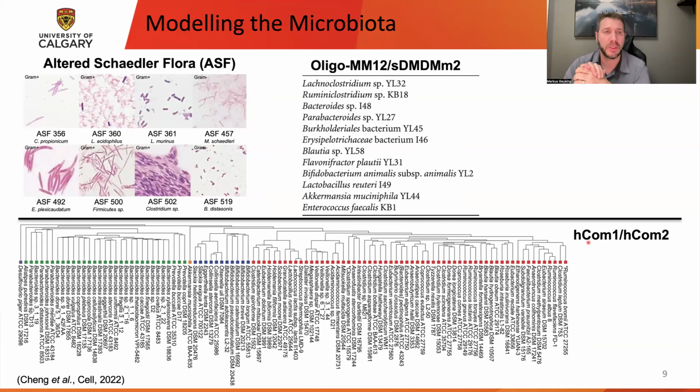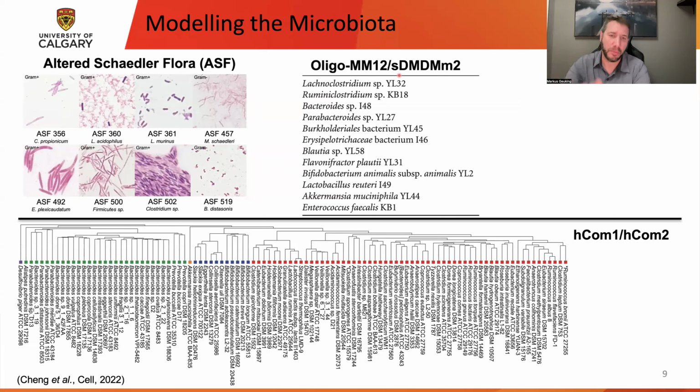When I started working in the field 12, 13 years ago, we used the altered Schaedler flora, which was developed by commercial vendors just to normalize the microbiota, without any real rational background. We were then involved in developing the Oligo-MM12 microbiota, which we often use at the moment.